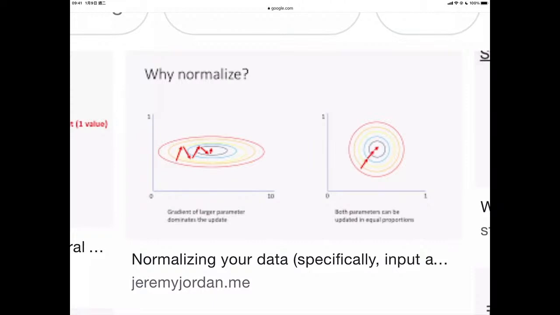The left hand side is a data set. If you do not do any normalization, when you find the minimum value of your loss function, it may look like this, because of the scale of your data.